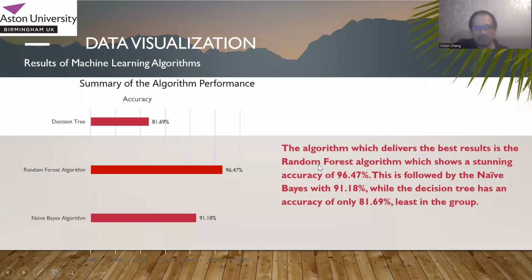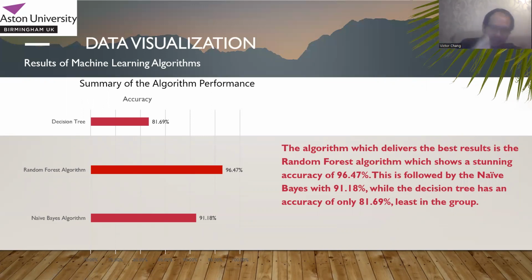So let's just talk about the different types of algorithm we used. For instance, the random forest in this case is 96.47, naive Bayes is 91.18, and decision tree 81.69. Just to make a slight correction for the previous slide, the decision tree is 81.69%.